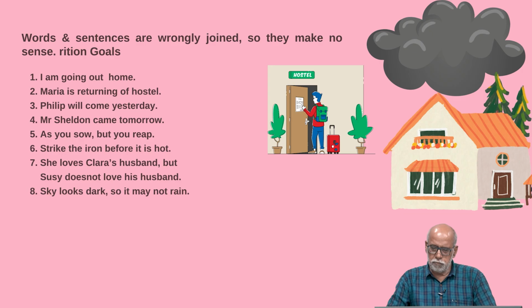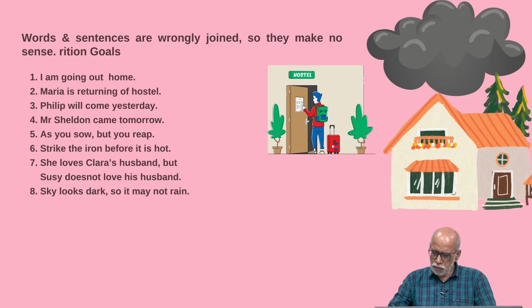Similarly, in the next part of this sentence, if you say, but Susie doesn't love his husband. Okay. Now, is it possible to say his husband or her wife? Usually the concept is that only a man can have a wife. So it is all right to say his wife. Similarly, only a woman can have a husband. So it is all right to say her husband.